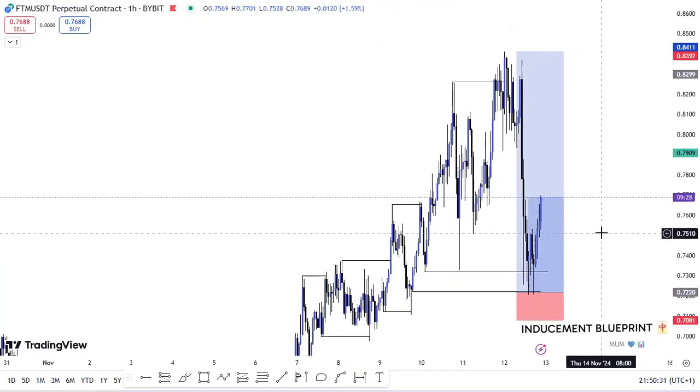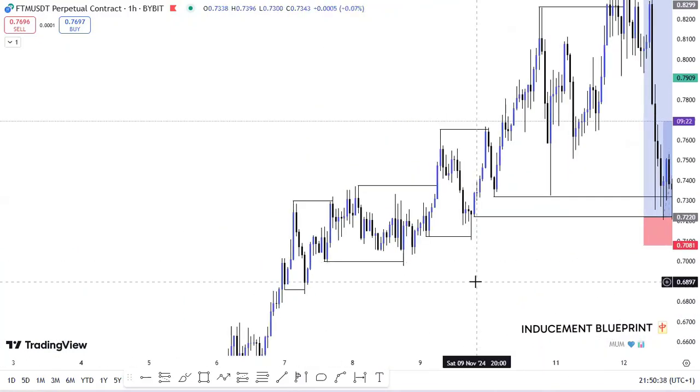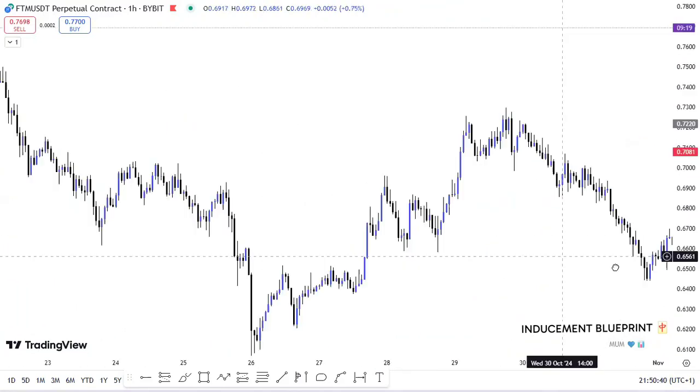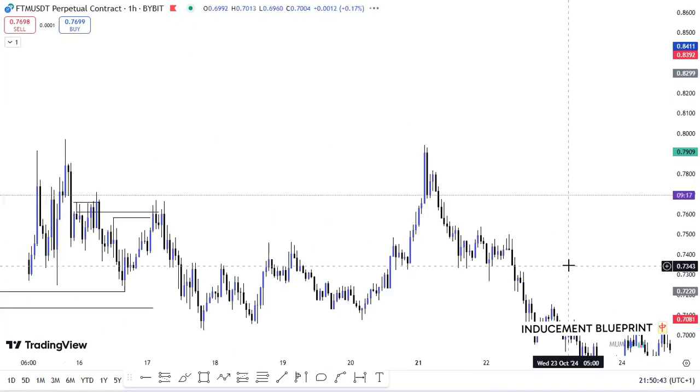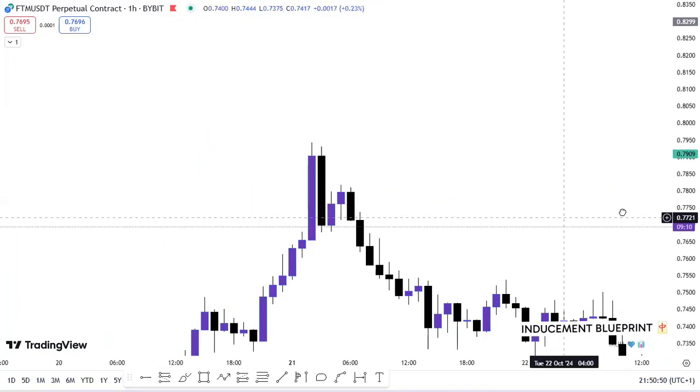I see no reason why I marked this stuff out and then did not take it, because I forgot this setup. Other ones are coming. Okay, so let me just use this one as the scenario here.